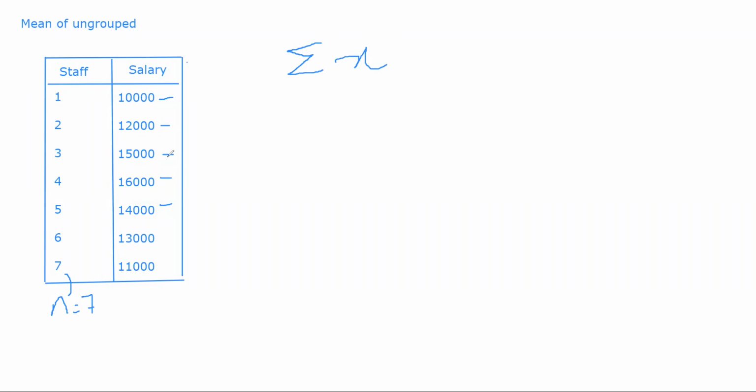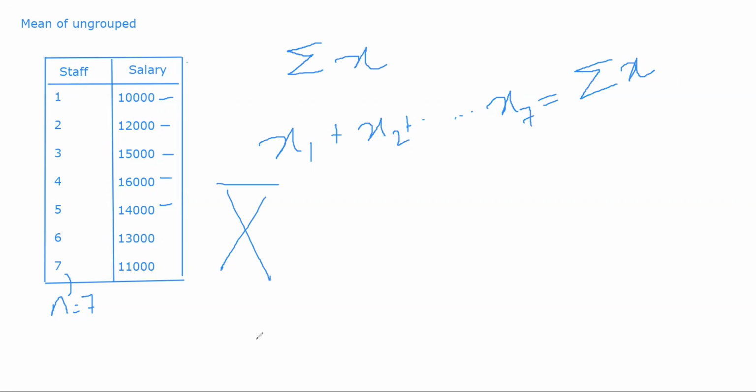So x1 plus x2 plus so on up to x7, I can represent this as summation of x. That means all the values from observation 1 to observation 7 have been included. So the mean, capital X bar, will be equal to summation of x divided by n.